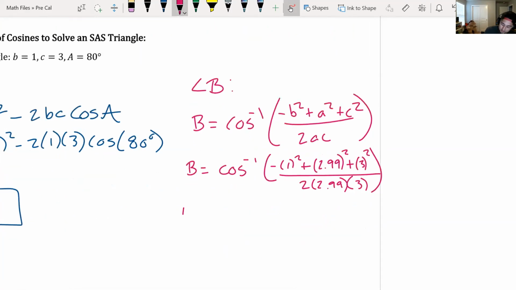All right, this means that B, and again, type it in the calculator just as I wrote it: inverse cosine, negative 1 squared plus 2.99 squared plus 3 squared over 2 times 2.99 times 3. We get 13.20 degrees.